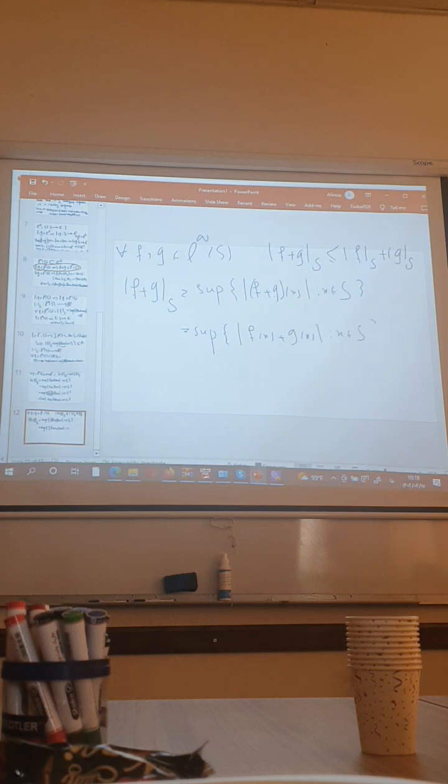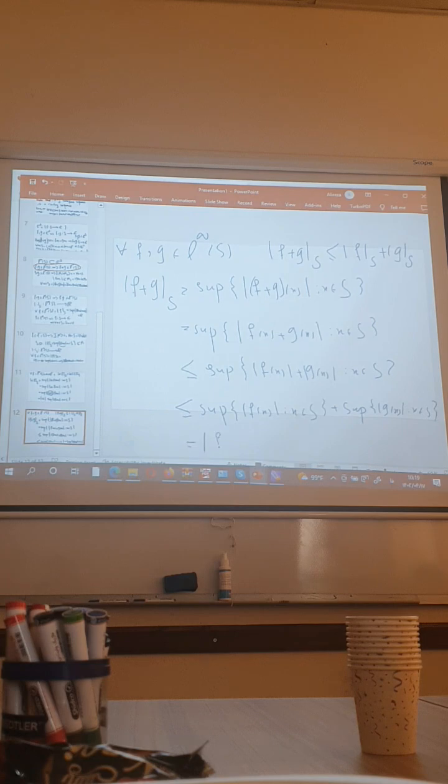Such that x belongs to S, and this is less than or equal, by the triangle inequality in complex numbers, to the supremum of |f(x)| + |g(x)|, because we know that these two are complex numbers and we have the triangle inequality in complex numbers, such that x belongs to S. And this is less than or equal to the supremum of the first plus the supremum of the second.